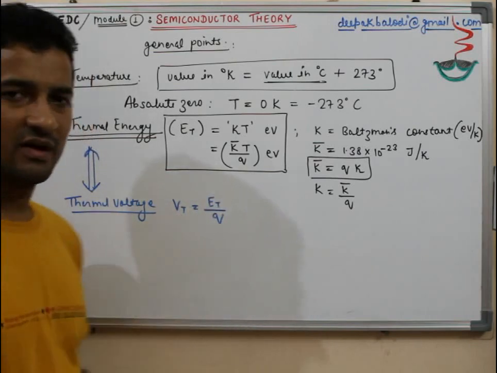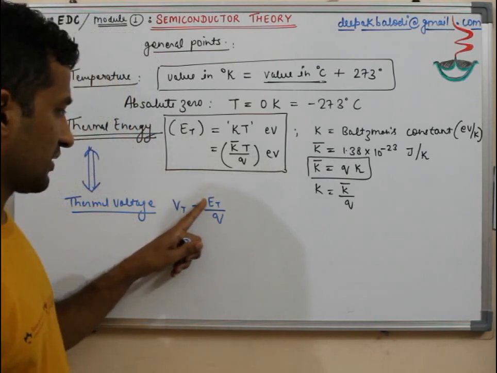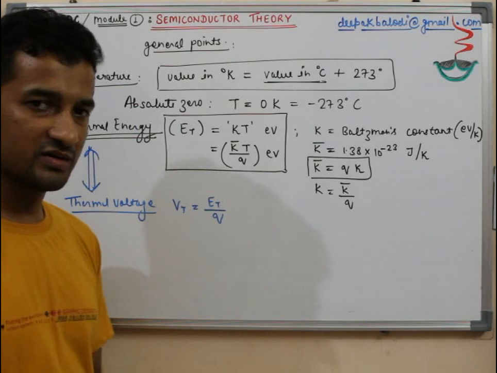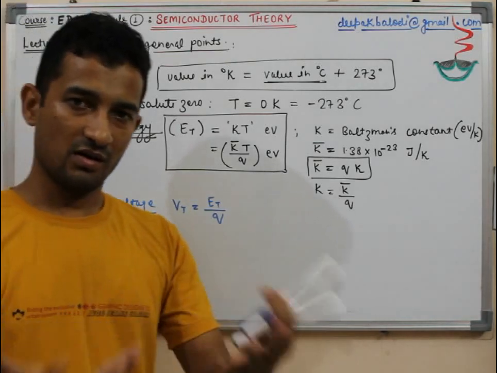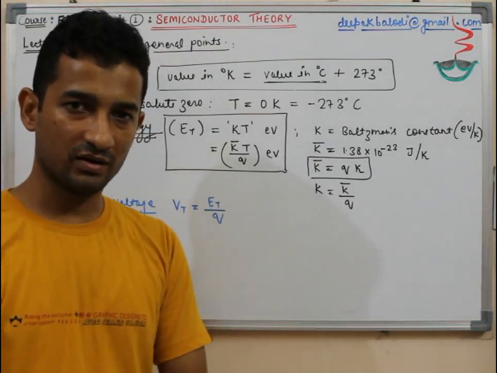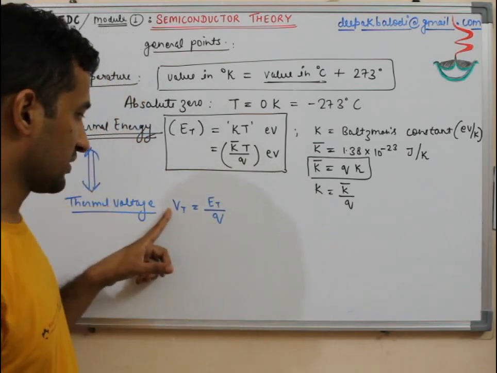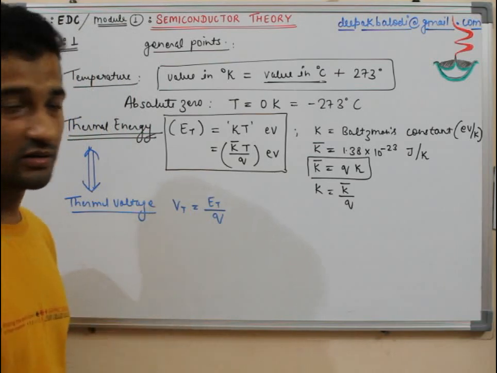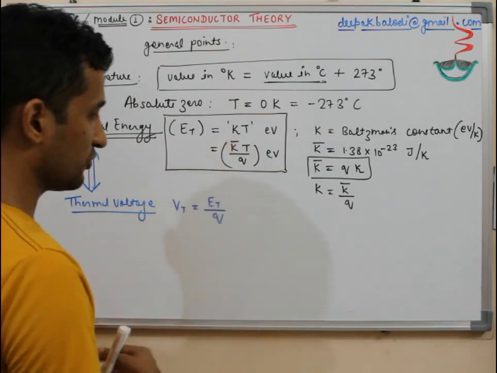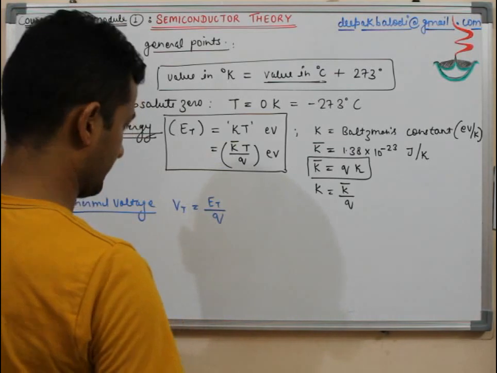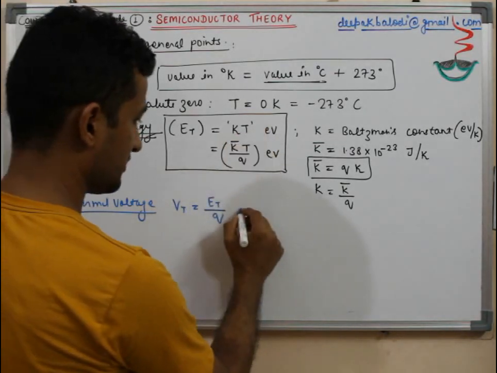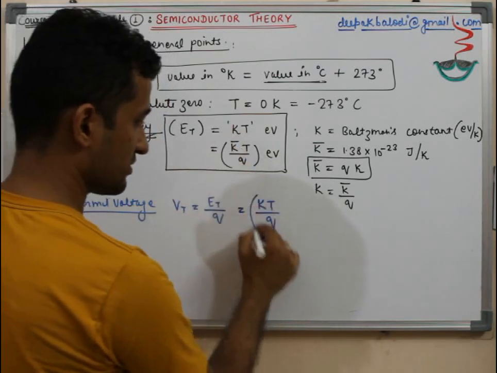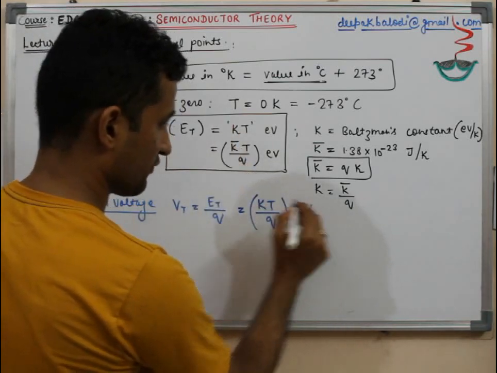This is a formula we are very well aware of. So electrostatic energy is Q into Vt, and this energy only corresponds to thermal energy here. So if this thermal energy is translated to electronic energy, then that is the charge into the thermal voltage, the voltage which we are calling here thermal voltage. So basically if we do so, then Et is Kt by Q electron volts.